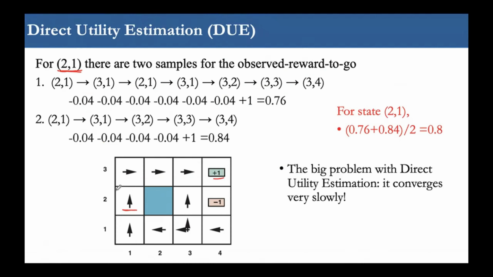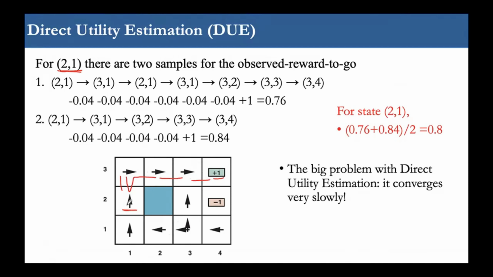From 2, 1 it is moving to 3, 1, and from 3, 1 it is coming back to 2, 1, and then from 2, 1 it is again moving to 3, 1, and from 3, 1 to 3, 2, and from 3, 2 to 3, 3, and from 3, 3 it moves to another cell which is 3, 4, which is the goal node.